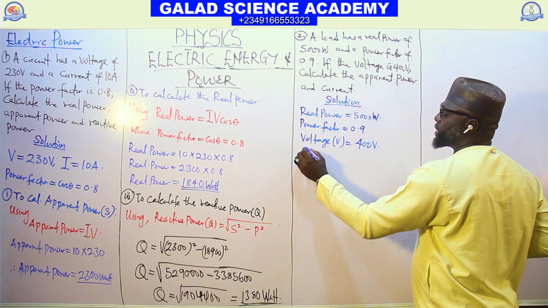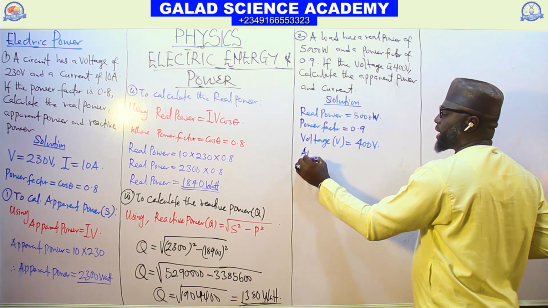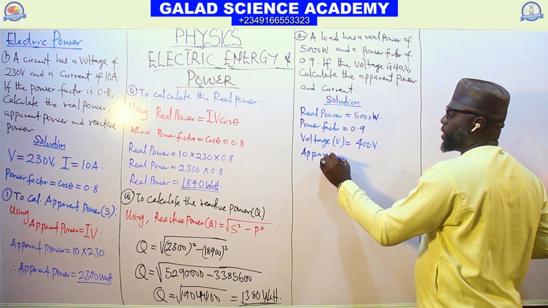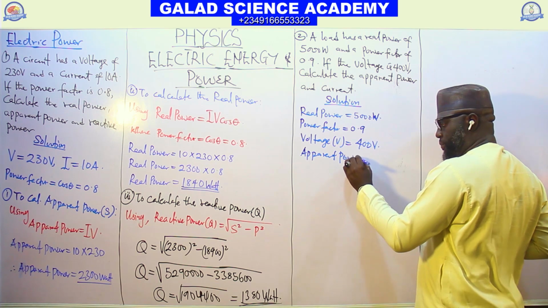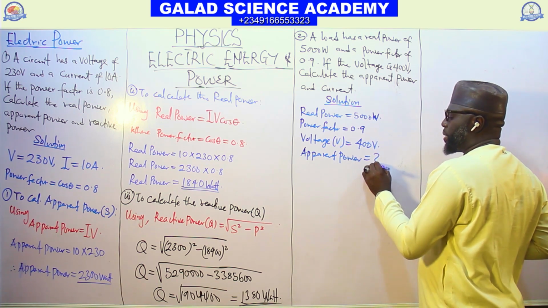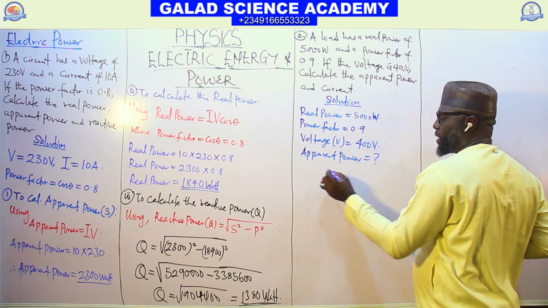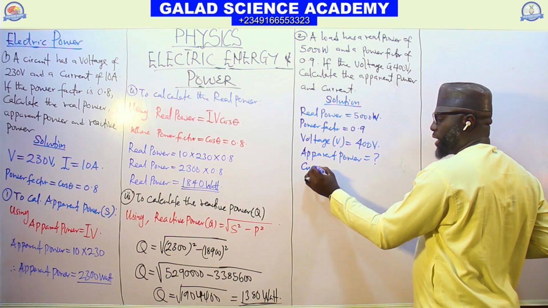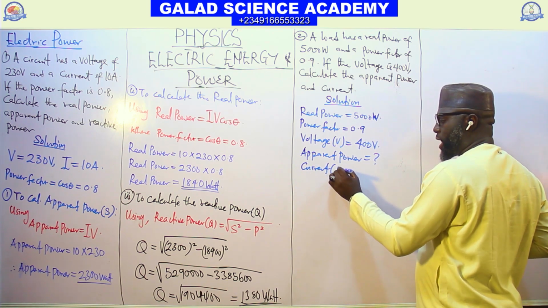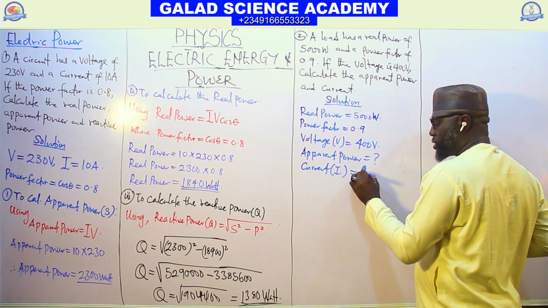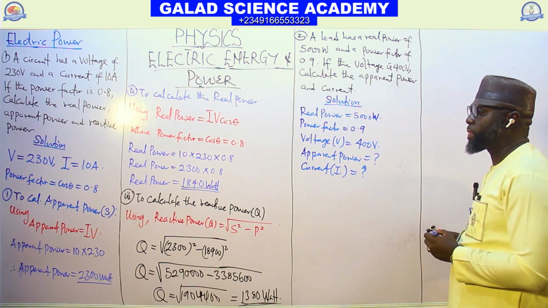calculate the apparent power, which is unknown, and calculate the current I, which is also unknown.